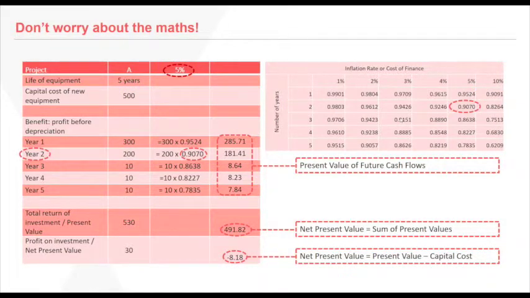Within the online environment, you will find this document that gives you the details for project A, B, and C. And what would be really good is to go and undertake this exercise for projects B and C and determine whether there is one that is the clear standout winner.